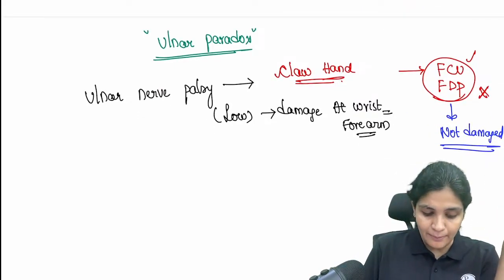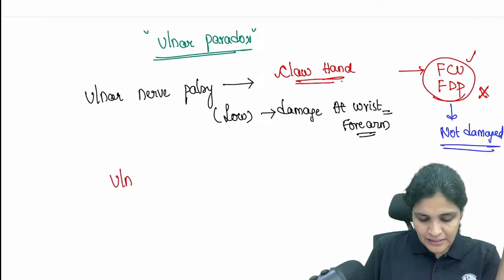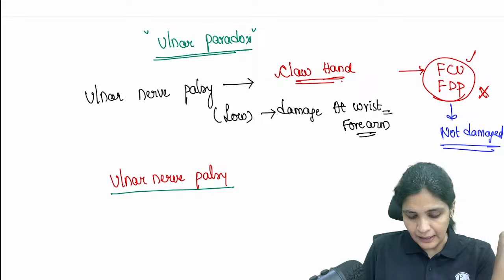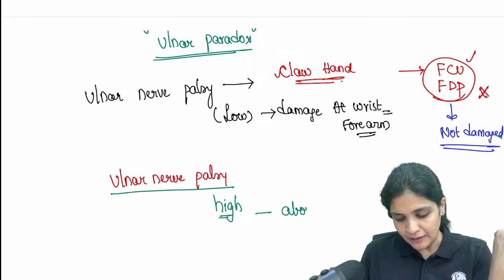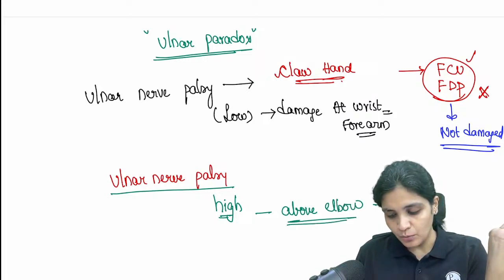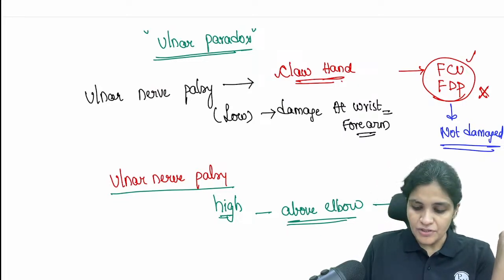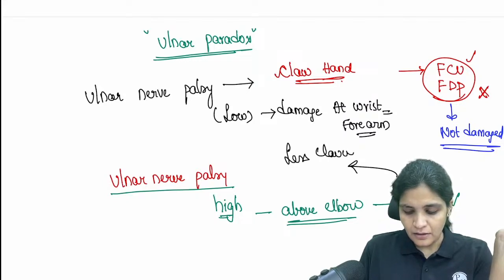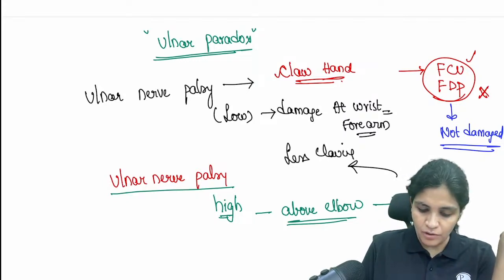But imagine this ulnar nerve palsy had happened at a higher level, something above the elbow, which has damaged FCU and FDP. Now you see less clawing.